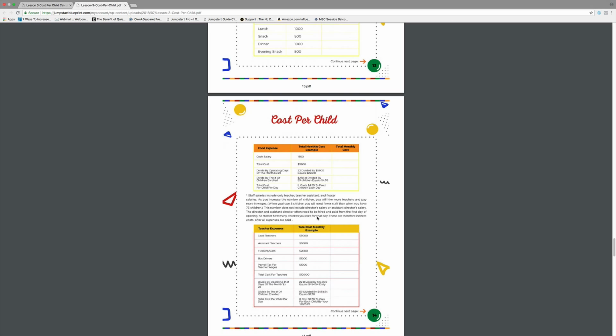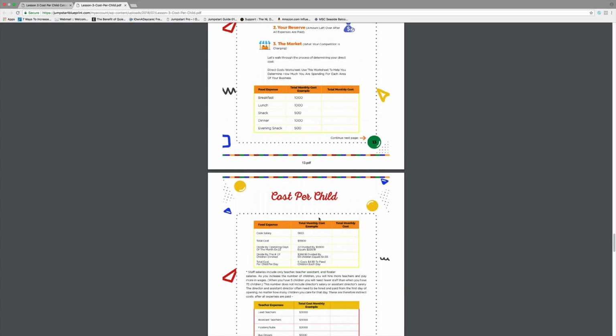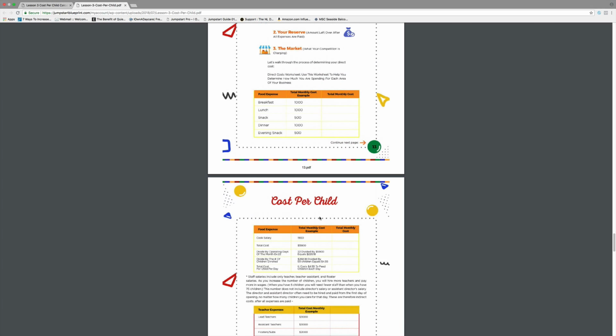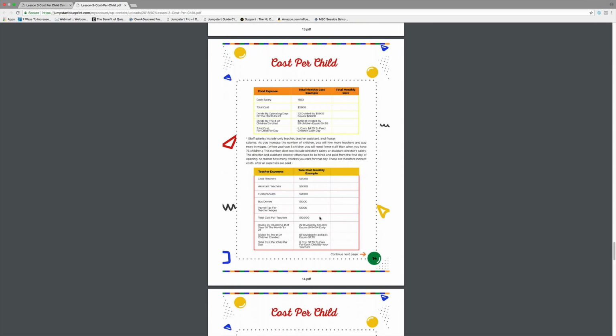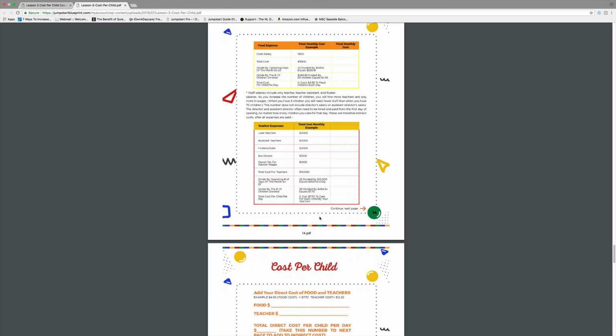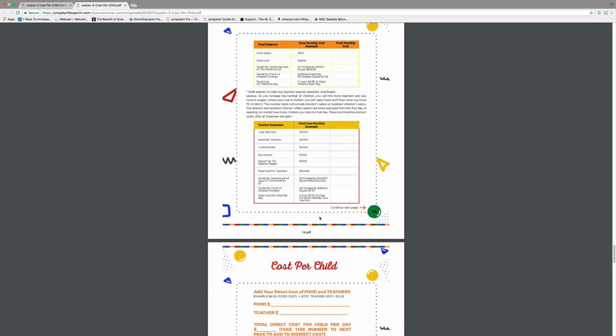So direct cost is what you will incur in your business the moment you start caring for children. Indirect costs are costs that you will incur in your business whether you were caring for children or not. Before you got your license, you had to have lights, water, phone, and an administrator on staff before you opened up your doors to service your first child.